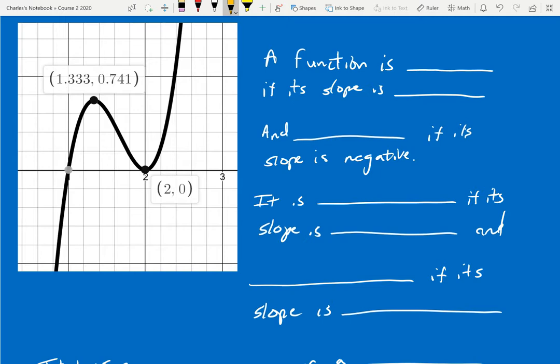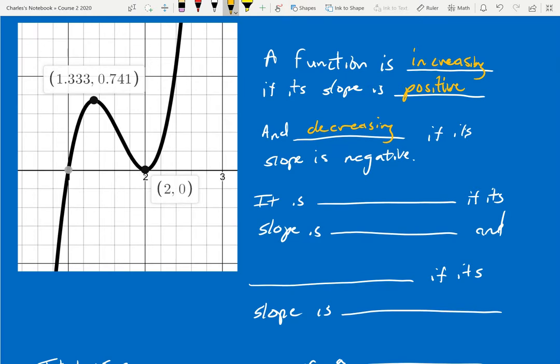The first one is a function is increasing if its slope is positive, and conversely, it's decreasing if its slope is negative.